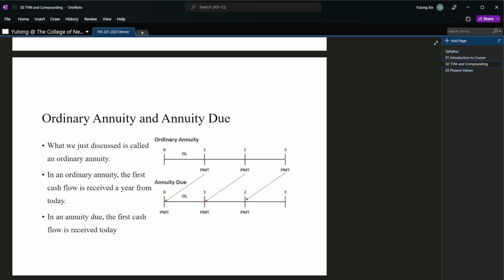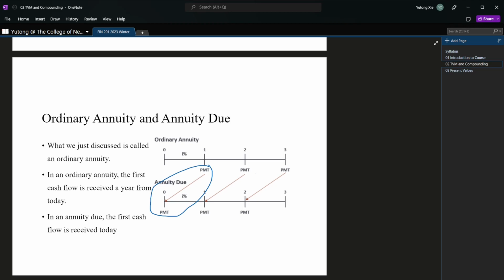So the only difference between annuity due and ordinary annuity is that in an annuity due, all the cash flows are received 1 period earlier. For example, if you look at the first cash flow, in an ordinary annuity it is received at the end of year 1, but in an annuity due, the first cash flow is received at the beginning of year 1, which is year 0, right now.